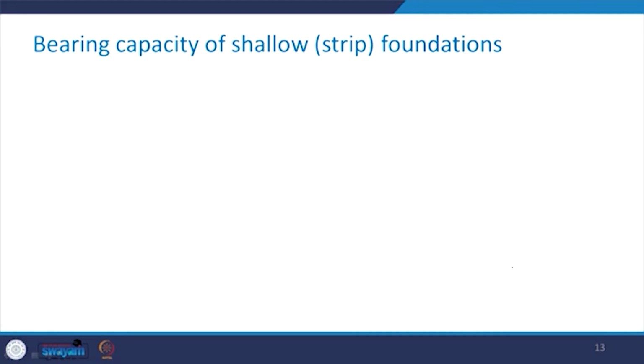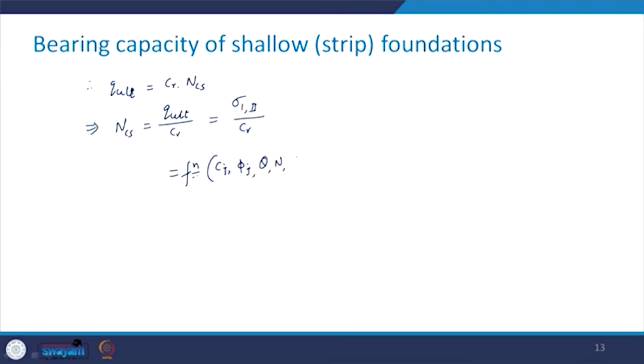So therefore our Q ultimate would be CR into NCS. That was the first equation that we wrote. So from here this NCS is going to be Q ultimate divided by CR, and this is going to be sigma 1 of zone 2 divided by CR, and this is a function of Cj, phi j, theta, n, Cr and phi r.